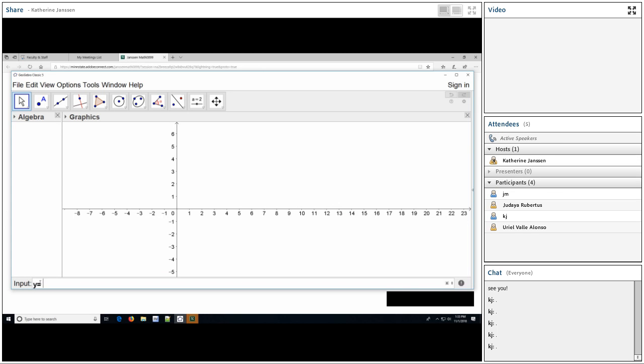Y equals negative 0.00006x cubed plus 0.006x squared minus 0.1x plus 1.7.